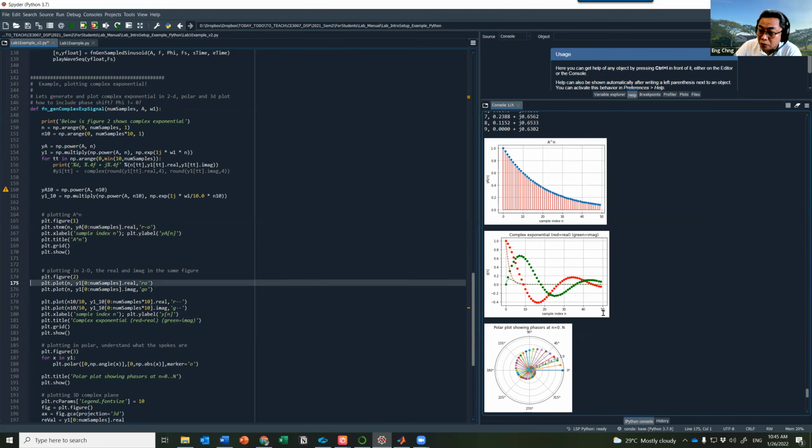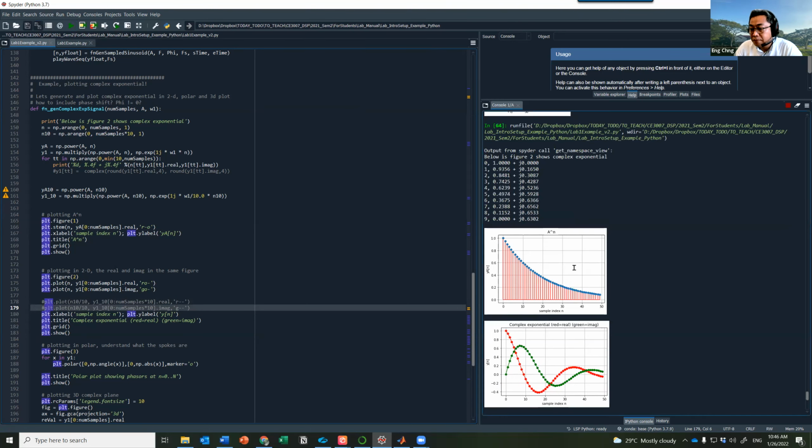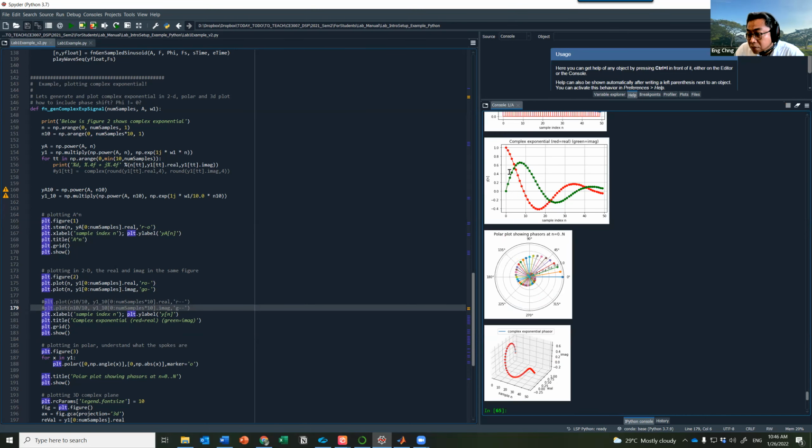I'm going to now show you this plot. The red one is the real and the green one is the imaginary. So I'm going to remove these guys and let's plot the second one. So you'll see the red one is the real and the green one is the imaginary.